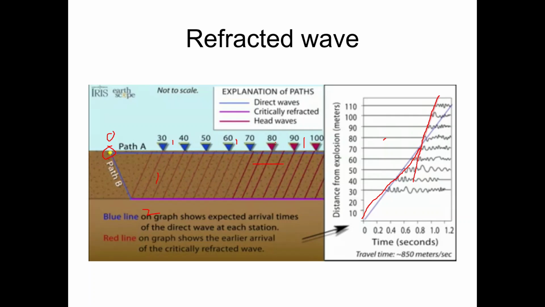Why can we observe it at 80 meters here for the second layer? Because at the second layer the speed is more than layer 1. That's why this wave can overcome the first layer velocity of the direct wave, because the speed is faster than the first one, the direct wave.